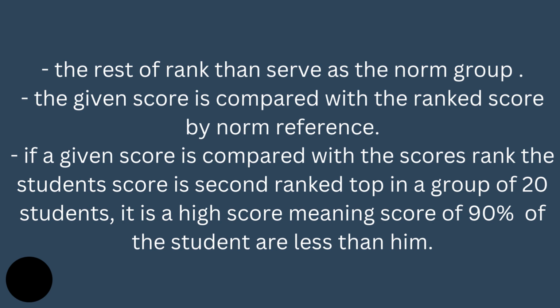If a given score is compared with the score rank, and the student's score is in the second rank from the top in a group of 20 students, it is a high score, meaning the scores of 90% of the students are less than his. Suppose a person in a group of 20 people gets 90% marks.